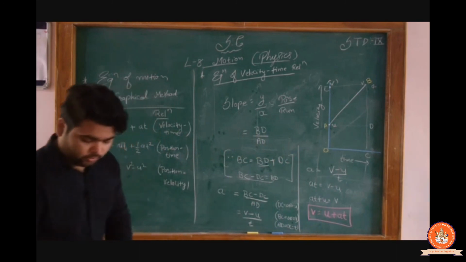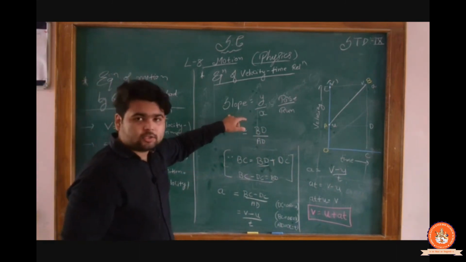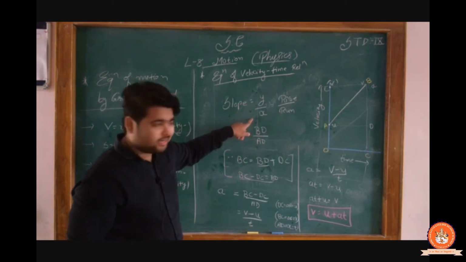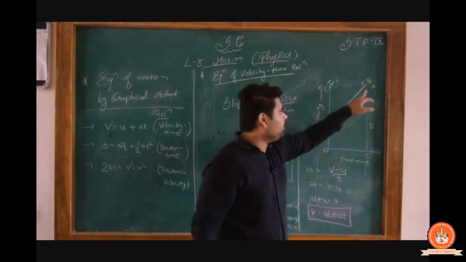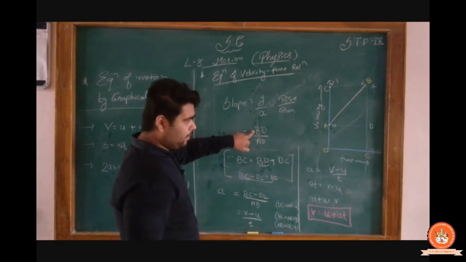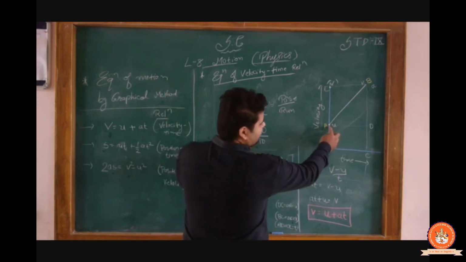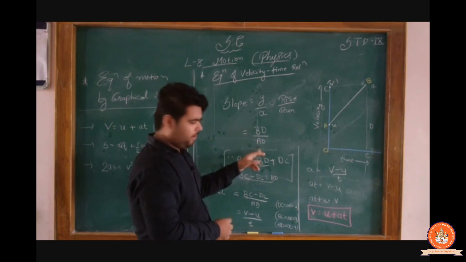So let's understand once again. We have taken the slope y upon x. Clear? Y means, from A to B, BD, so we write BD, and x is AD.